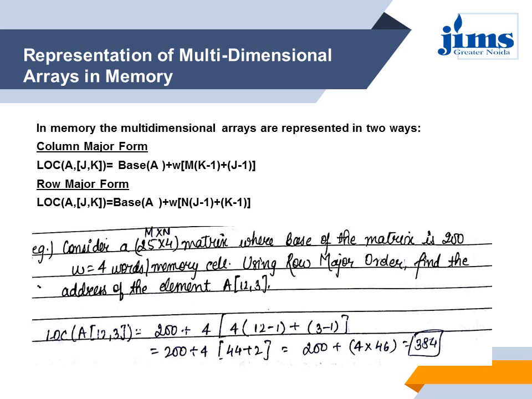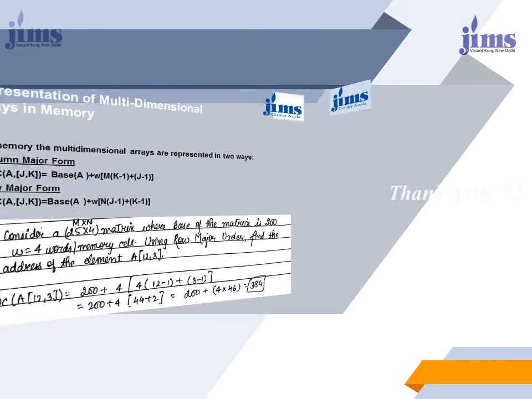The base address is 200 plus W, which is 4, times N, times J minus 1, J is 12, minus 1, plus 3 minus 1. So this will give us 334. This means that the element with the index position 12 by 3 is stored at position 334.